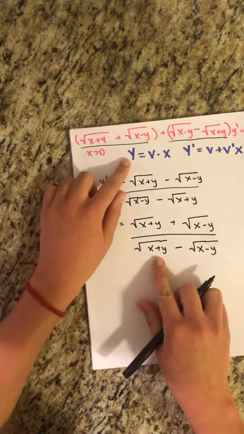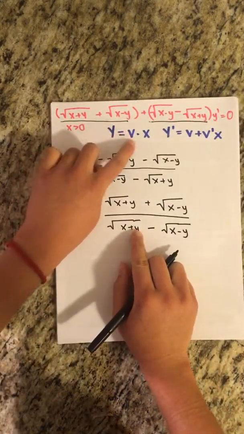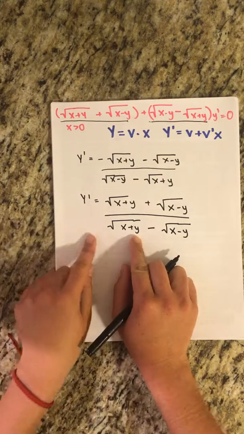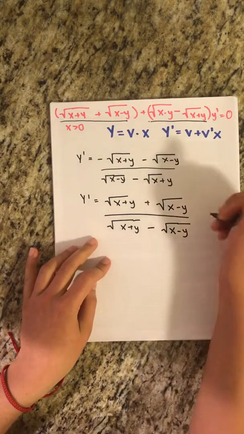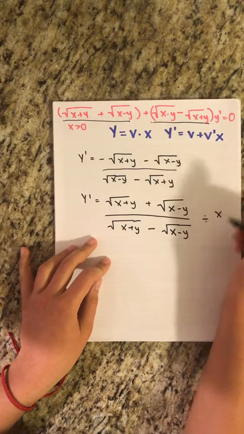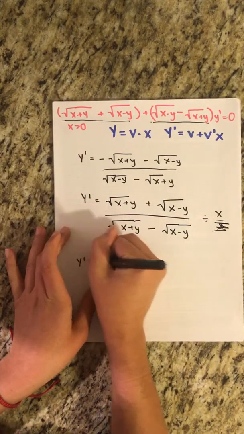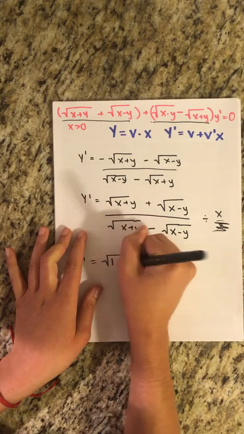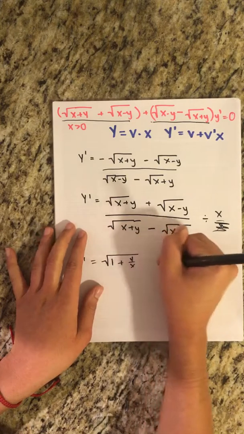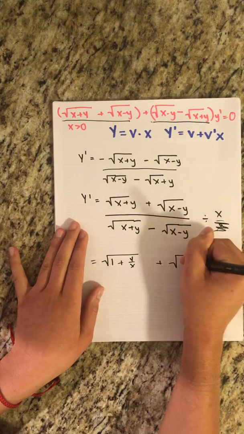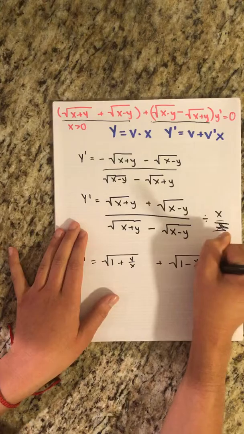What I want to do is make all the y's eventually in terms of v. So what I'm going to do is divide everything by x over x, right? So we want to go 1 plus y over x plus 1 minus y over x.